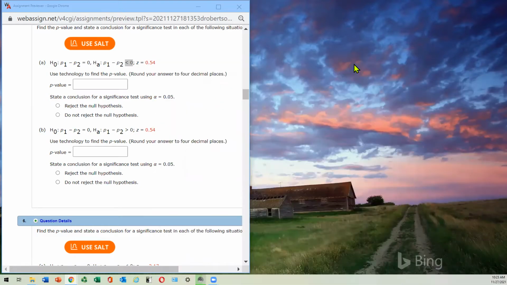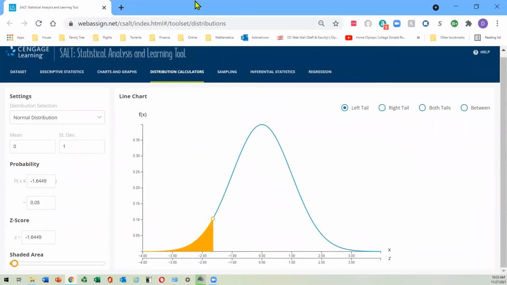Okay, I'll try it this way. So we are interested in less than 0.54. So less than, set up 0.54. There we go. This is the p-value.